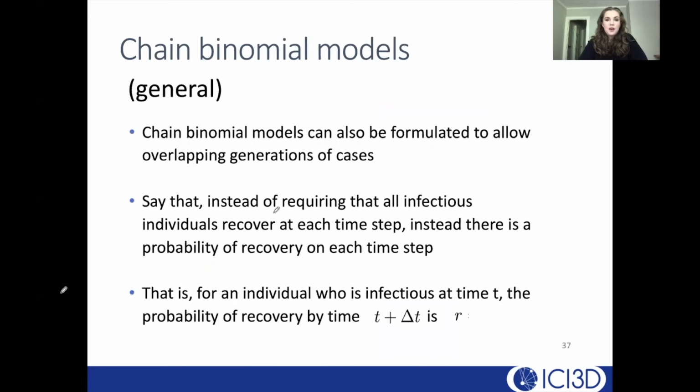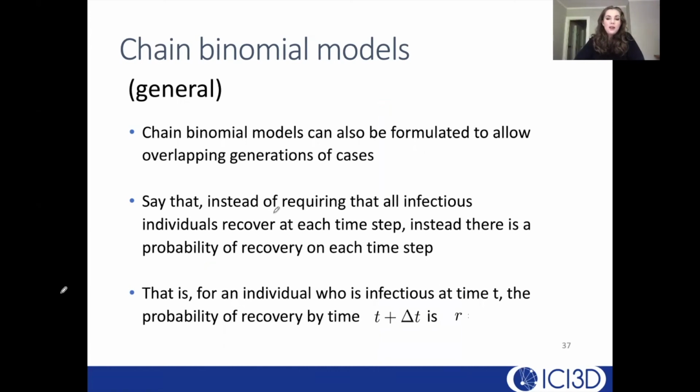So let's think about chain binomial models in general. We can also formulate these to allow for overlapping generations of cases. And we do this by, instead of having the generations or cohorts of infectious individuals all move together to be recovered after a time step, having a probability of recovery on each time step.